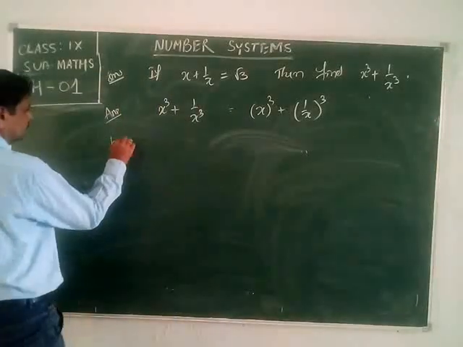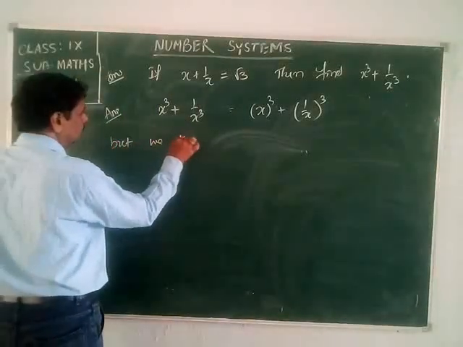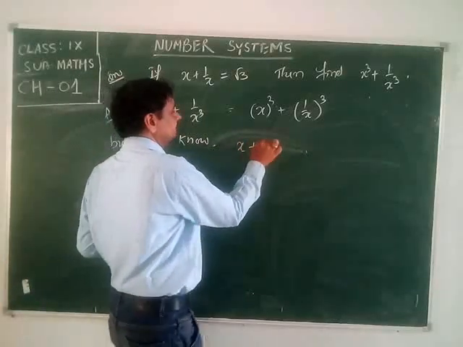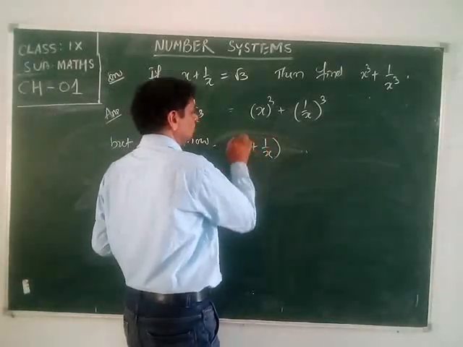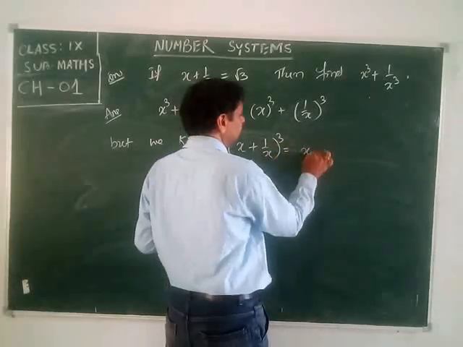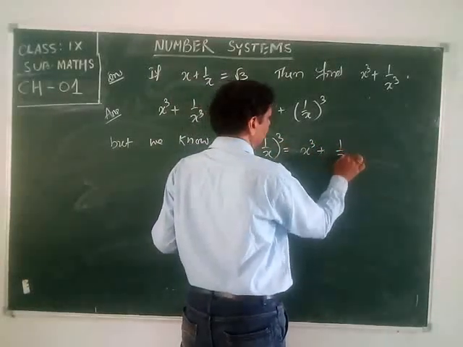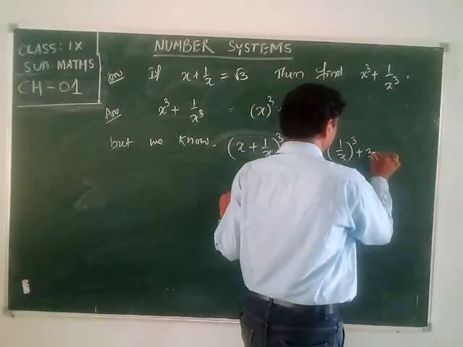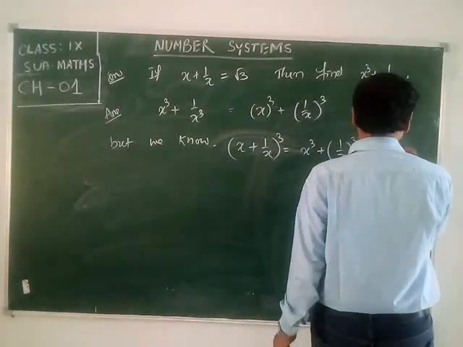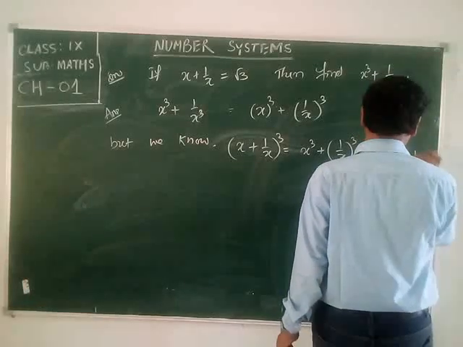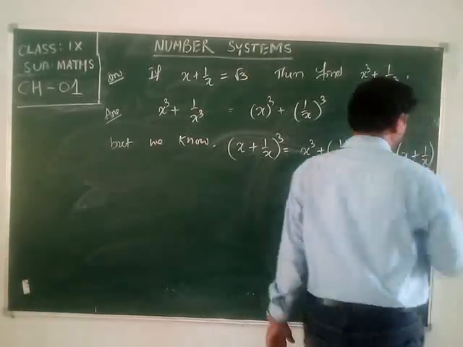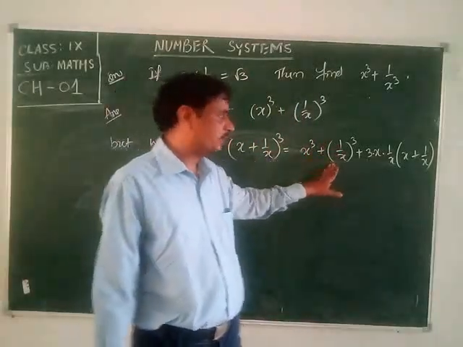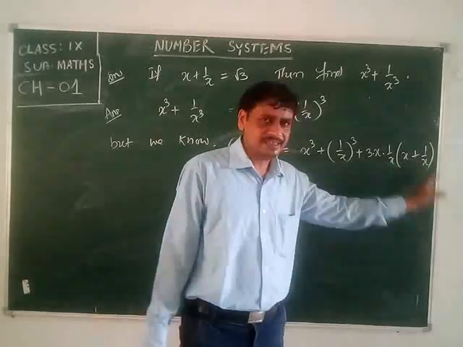But we know x plus 1 by x whole cube is equal to x cube plus 1 by x whole cube plus 3 into x into 1 by x into x plus 1 by x. It is a cube plus b cube plus 3ab into a plus b.